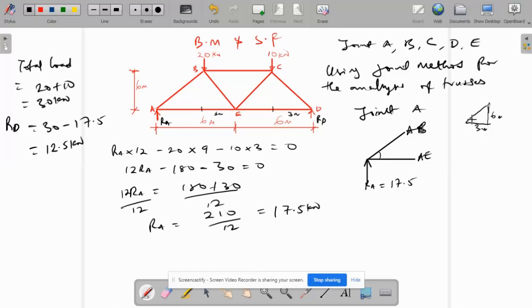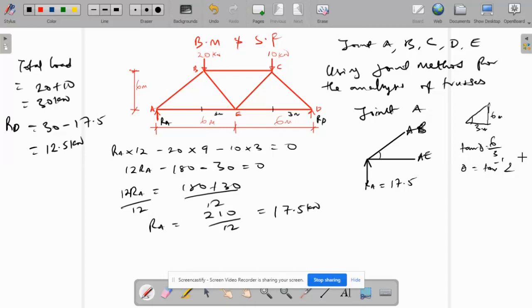So this angle is going to be tan theta equal to 6 over 3. So theta will be equal to tan inverse of 6 over 3, which is 2. So we look for tan inverse of 2 and see what we'll have.